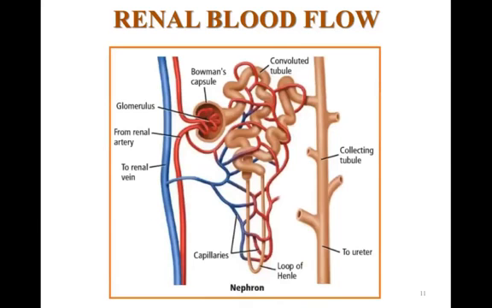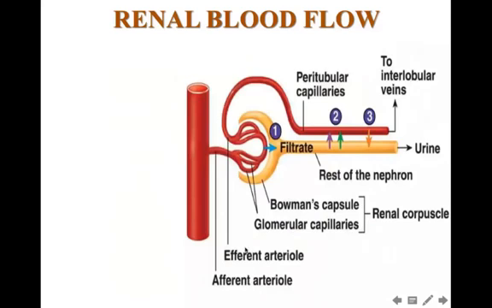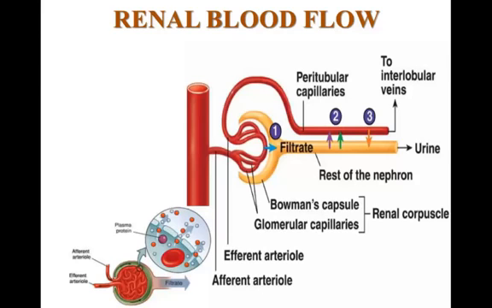What is the difference between glomerular capillary beds and pretubular capillary beds? Well, glomerular capillary beds come from the afferent arteriole. The pressure inside it is high, about 60 millimeters of mercury. So it acts to filter the plasma, and therefore it is called the filtering or hydrostatic pressure.